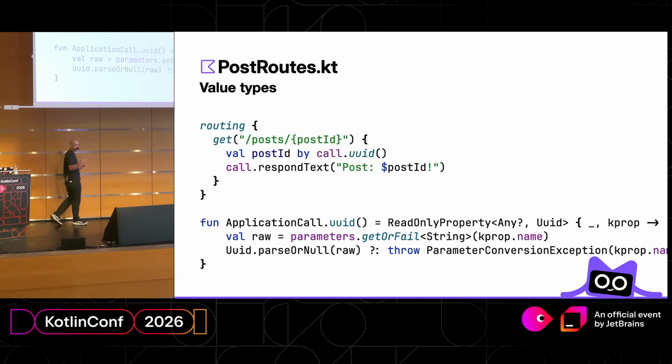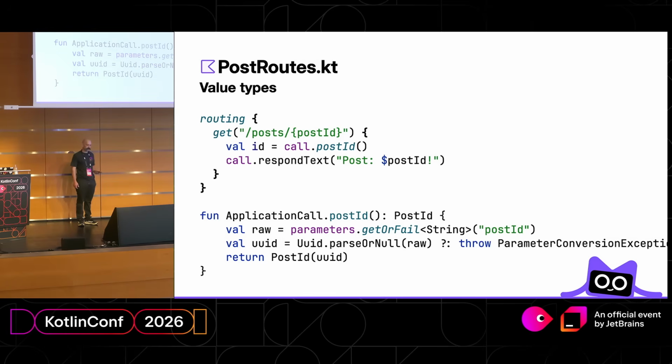Well, we can create a read-only property, which can be used by the by keyword, and then we can use the KProperty to access the name of the defined Kotlin property, right? And here I'm simply using UUID, because again, if it's specifically a post ID, maybe you want to fix it to that specific name to be more strict about your types.